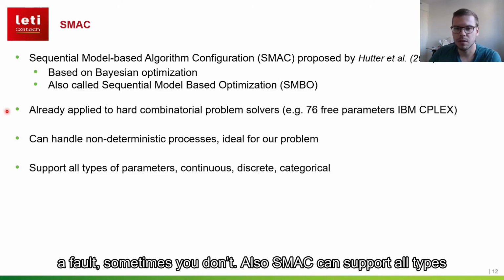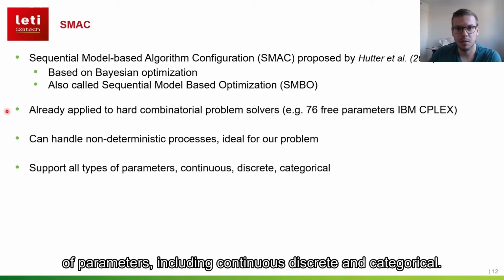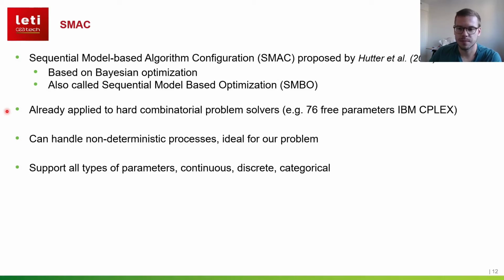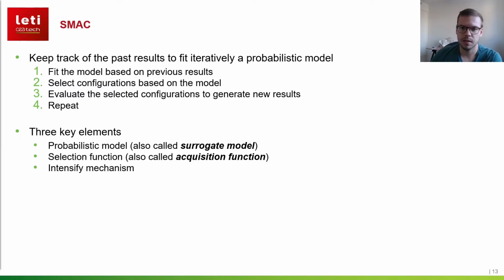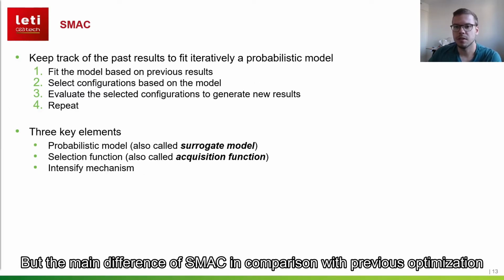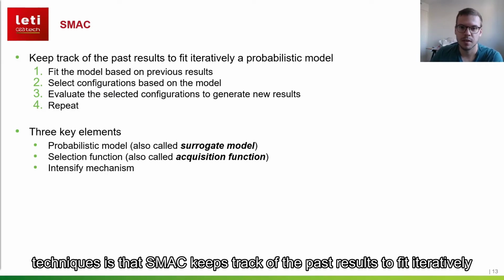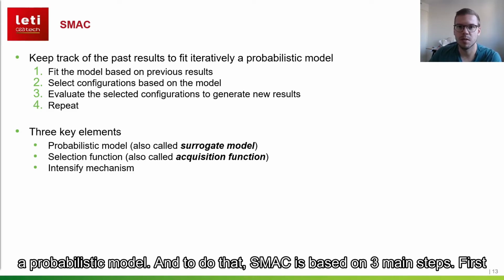Sometimes you have a fault, sometimes you don't. Also, SMAC can support all types of parameters, including continuous, discrete, and categorical. But the main difference of SMAC in comparison with previous optimization techniques is that SMAC keeps track of the past results to iteratively fit a probabilistic model.